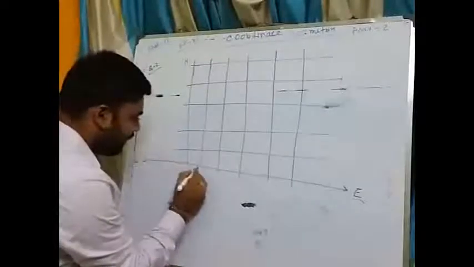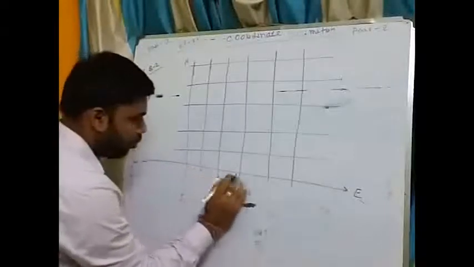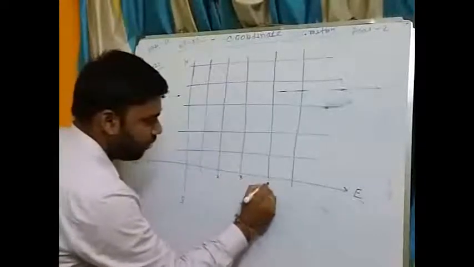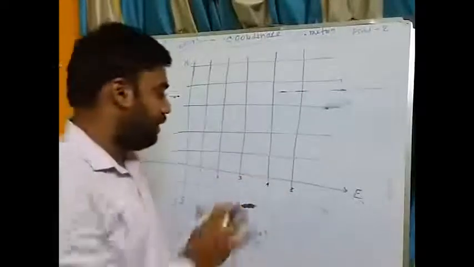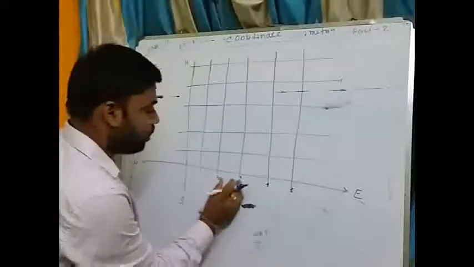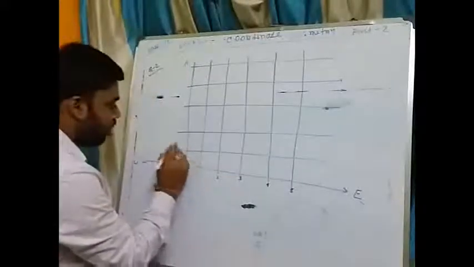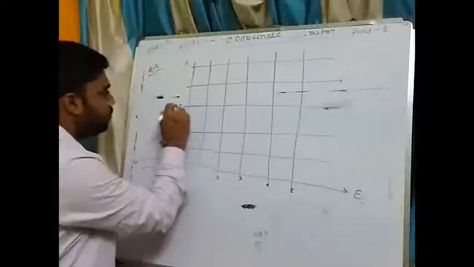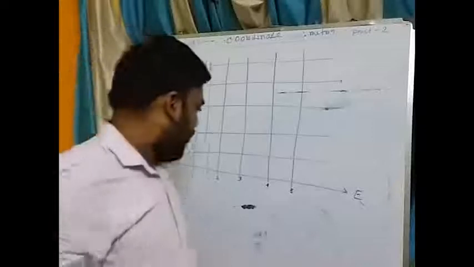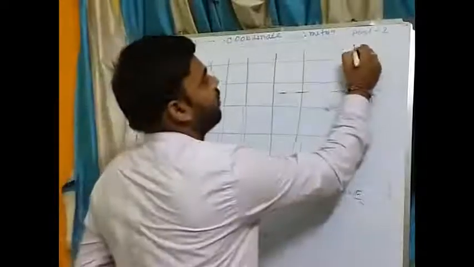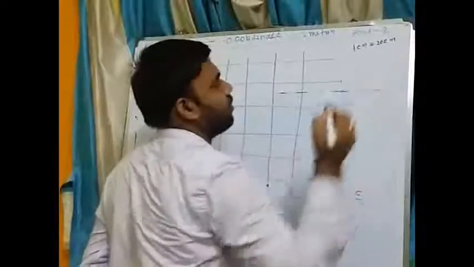I am taking these as 1, 2, 3, 4, 5, and each distance is equal. These distances are equal between these two, and 1, 2, 3, 4, 5 are also equal. So our scale is 1 centimeter equal to 200 meters.